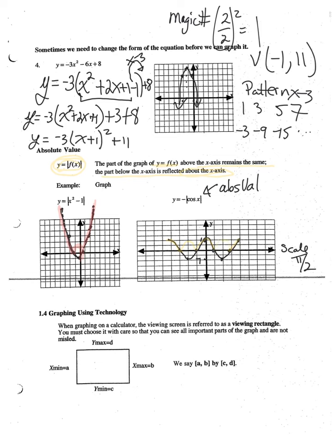So now my cos graph looks like this, but I want to graph the negative of that. And when y goes to minus y, I reflect this down over the x-axis. So my final graph is the one that you are seeing here in green.